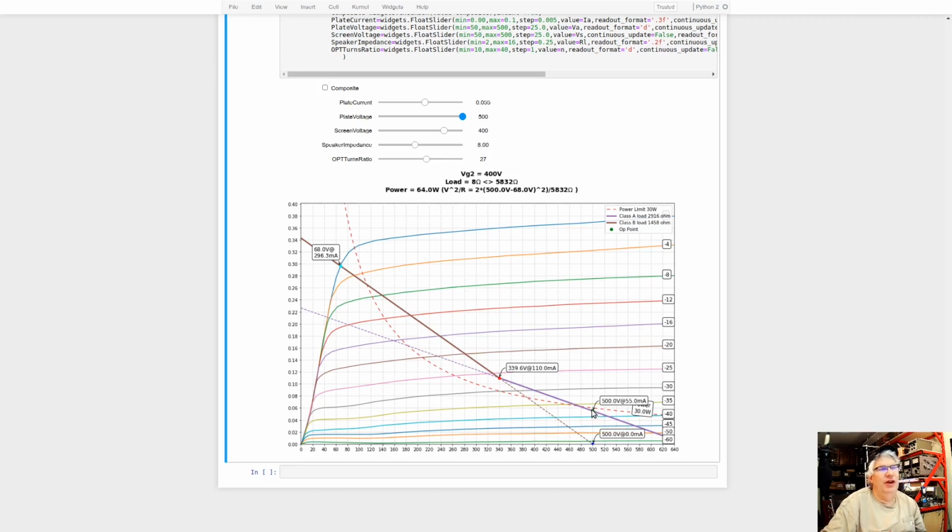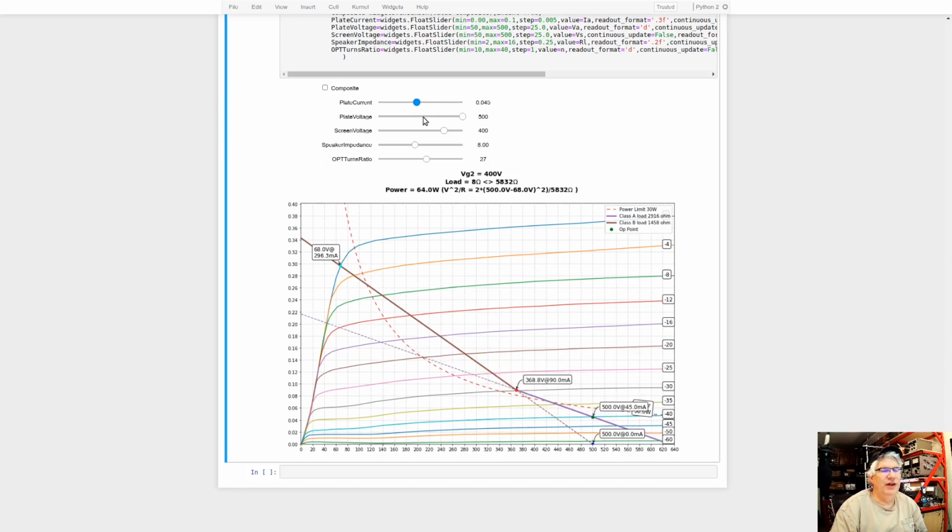Now, if we vary this plate current, what we're doing is we're moving the transfer curve up and down in Y. So we'll show you that. We're set at 55 now, and we're going to move it down.